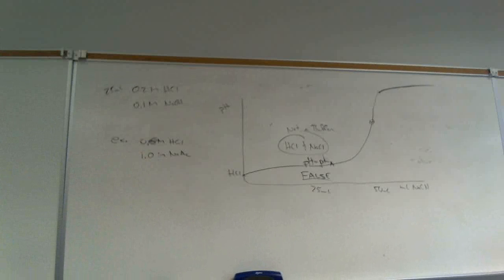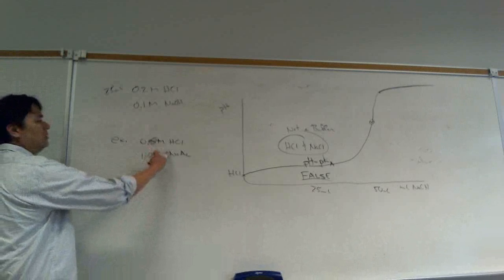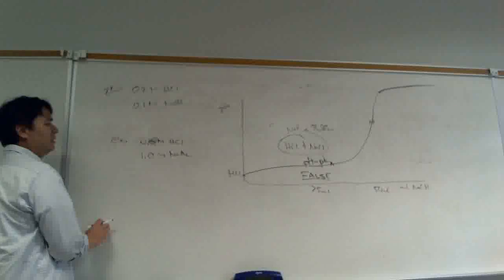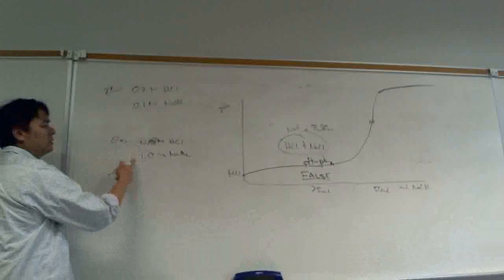Well, technically it's not a buffer solution, but if you were to take HCl and sodium acetate, is HCl and sodium acetate going to exist stably? No, HCl is going to attack the sodium acetate to form what? Sodium chloride and acetic acid. What's the limiting reagent? HCl.